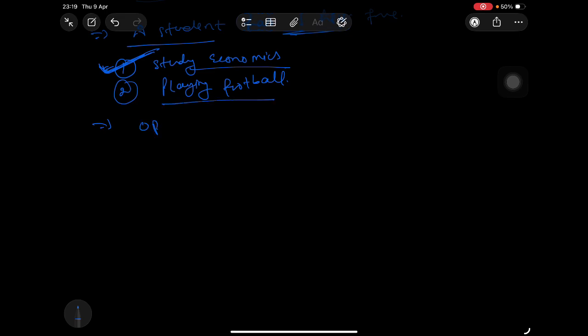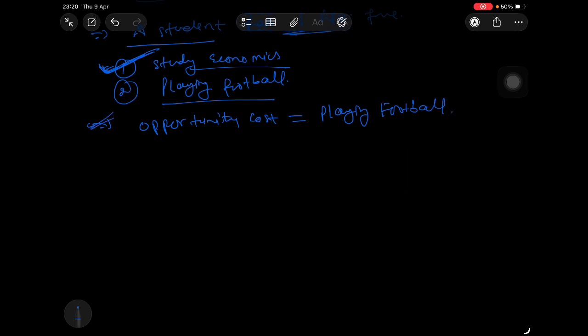So the opportunity cost for person A is equal to playing football. That is opportunity cost.